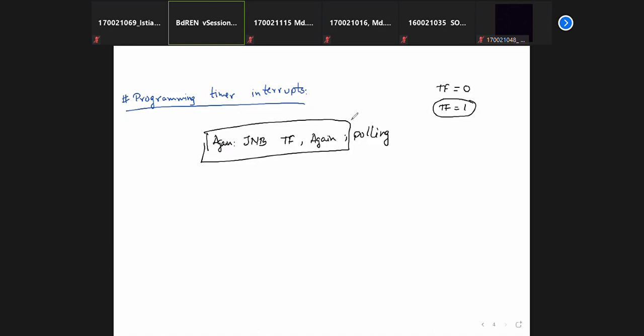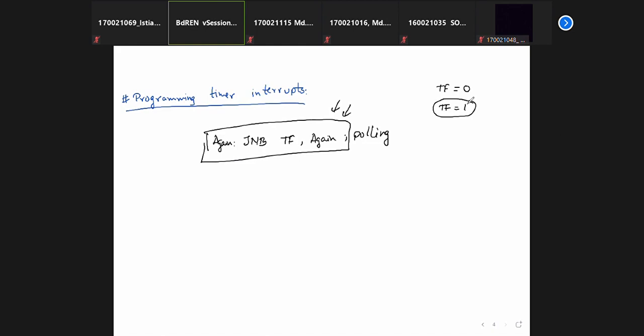But you see that this is a wastage of your MuC's capability, because your TF will become 1. So by the time TF becomes 1, your MuC can engage itself in doing some other things, provided TF will be smart enough to inform the MuC when it becomes 1.